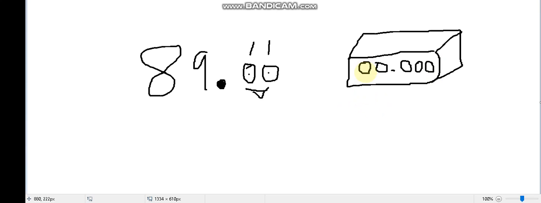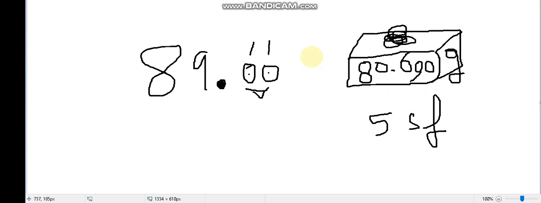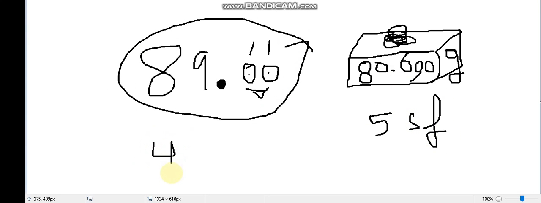So for example, if I have 80 gram, this 20 gram for a certain quantity of gold, and assume this is 690. So this number has 5 significant figures, and this number has 4 significant figures.